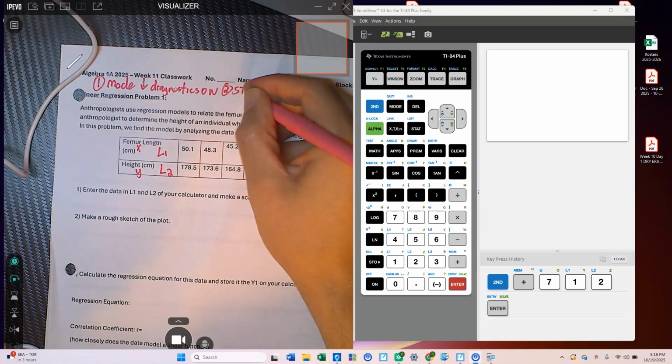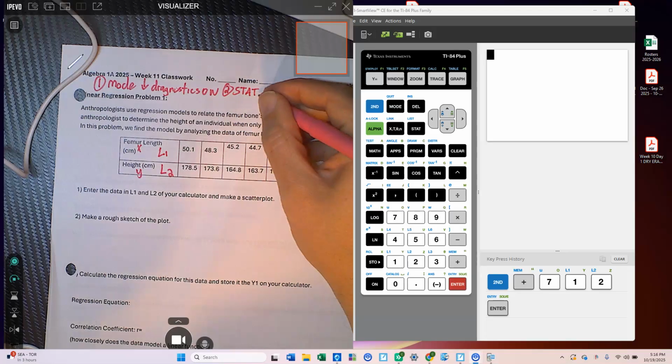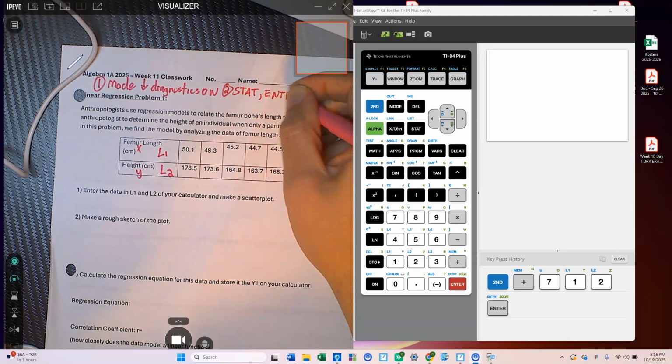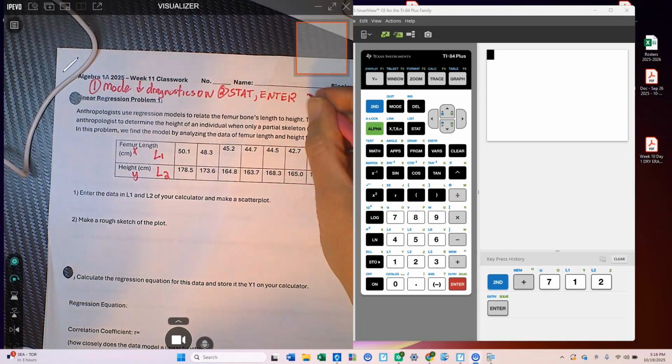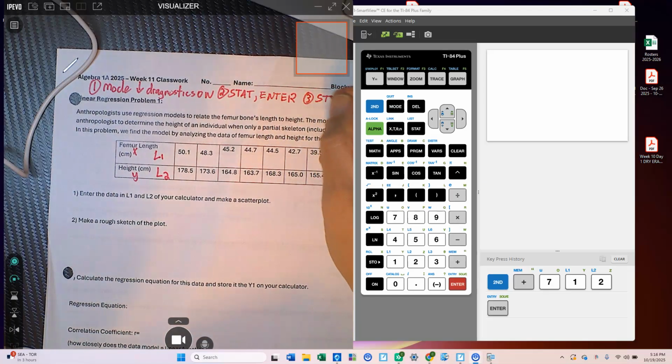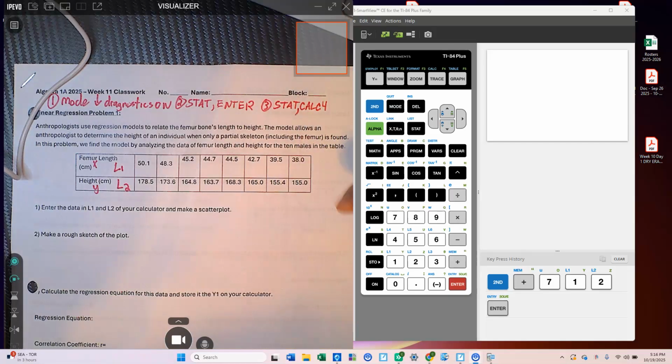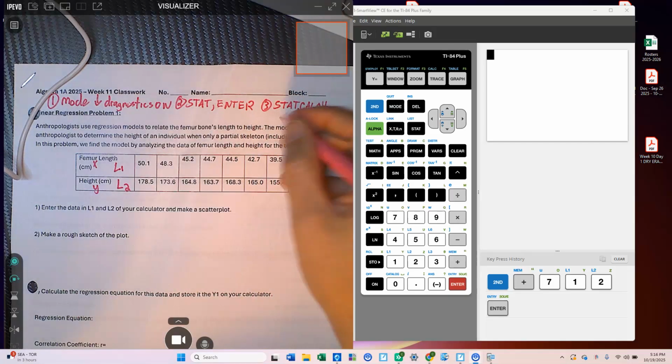Stat, enter, stat, calc 4. Stat, right to calc 4, enter 5 times.